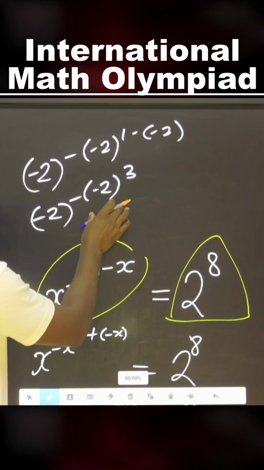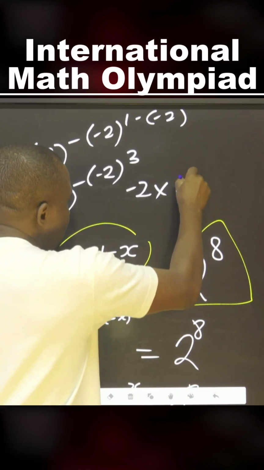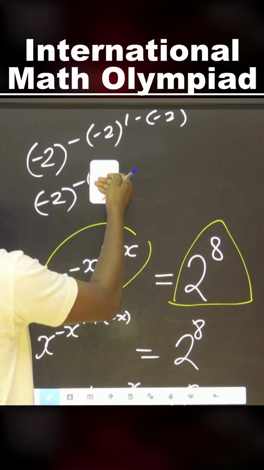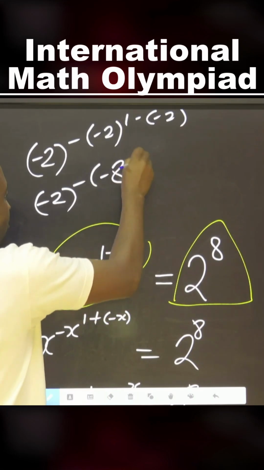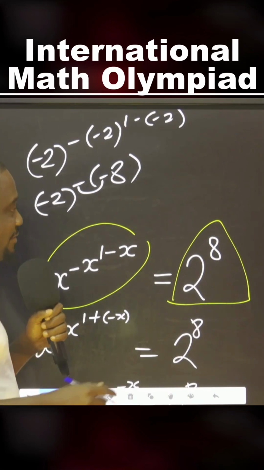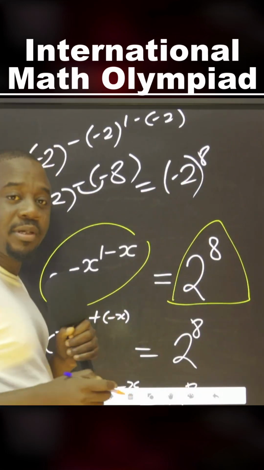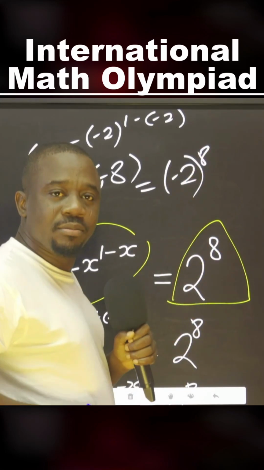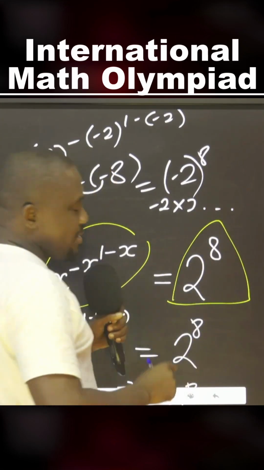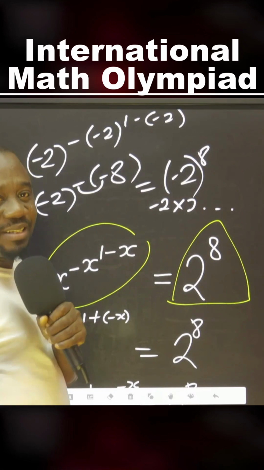Okay? You agree with me that if you do this, you're going to have minus 8. This minus will cancel themselves to have 8 here. And because this is even, if I solve this like this in 8 places, I also solve this in 8 places, I'm going to have the same thing.